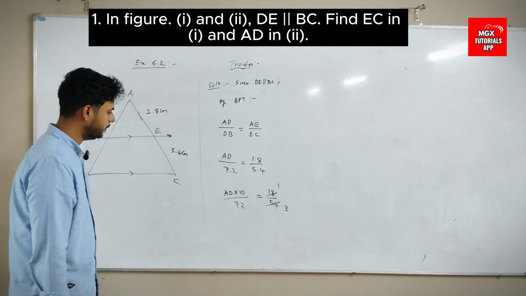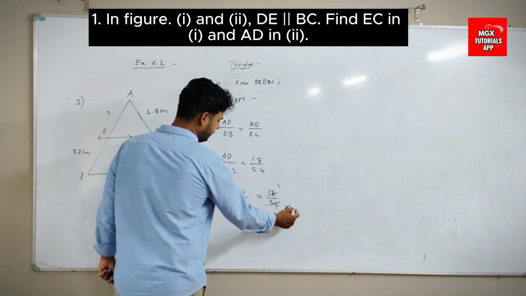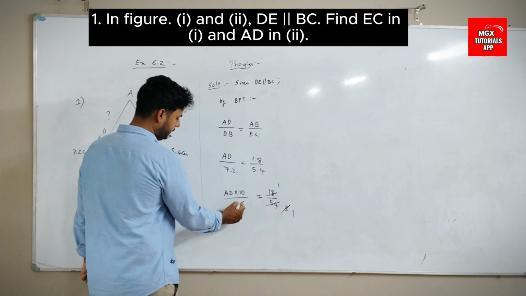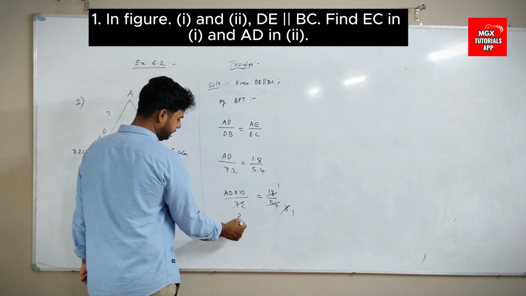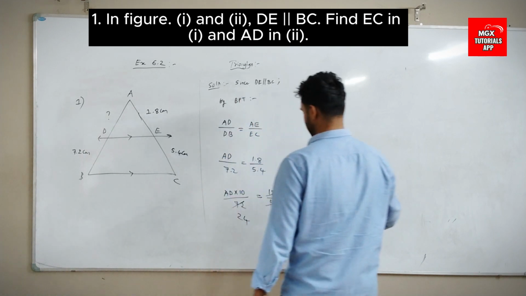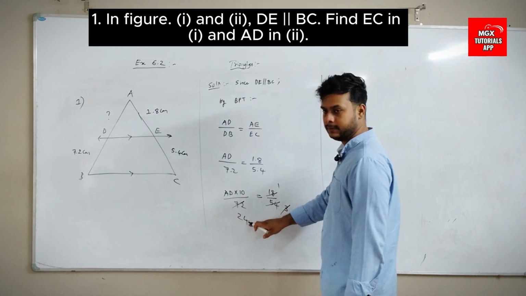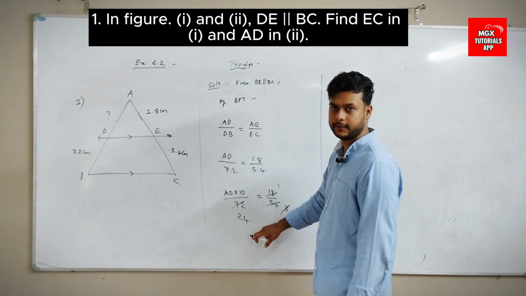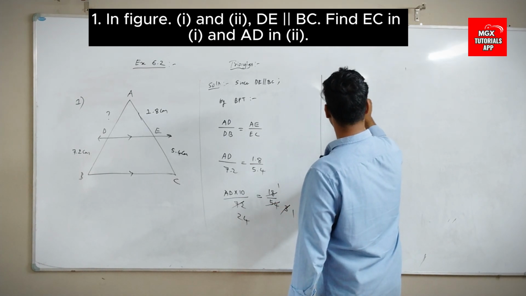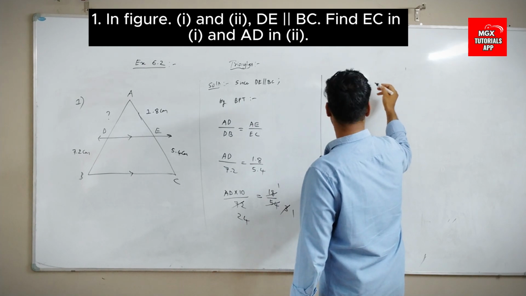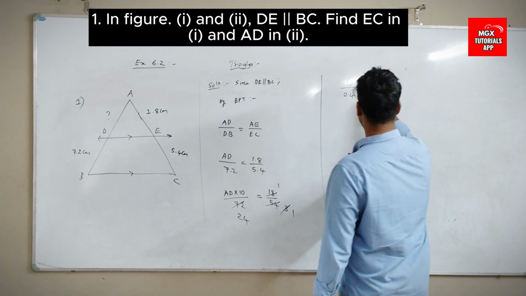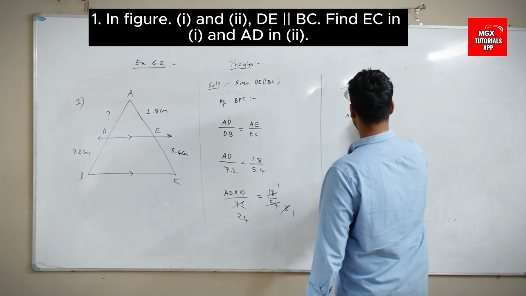Both are in the denominator, I can cancel this and this. 3 ones are 3, 3 twos are 6, 3 fours are 12. So 10 by 24 means I can write 2.4. So AD is equal to 2.4.